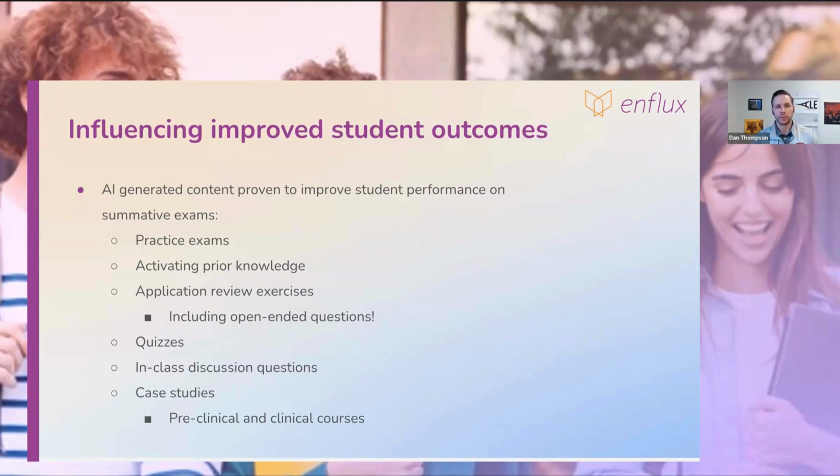We do use these as well. I mentioned this last week as a way, this AI generated content, to activate prior knowledge before a lecture even starts. Basically we create questions that students need to know before they're going to be able to understand what class is going to be about that day.